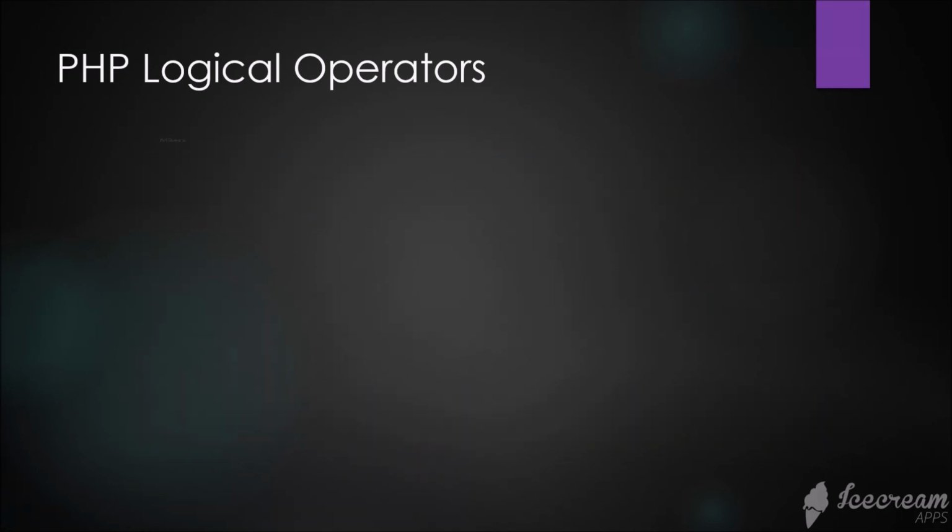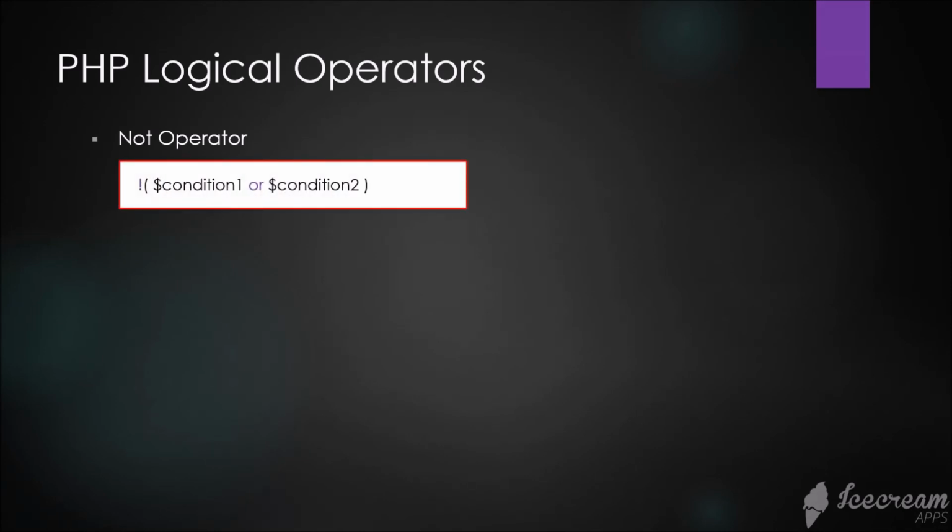Okay? Then, ito namang NOT operator. So, we have condition inside parentheses. So, here, condition 1 or condition 2 will be, what will be the answer in this part? So, it will be true, right? Kasi sa OR operator, either one dapat pag true sa kanila.